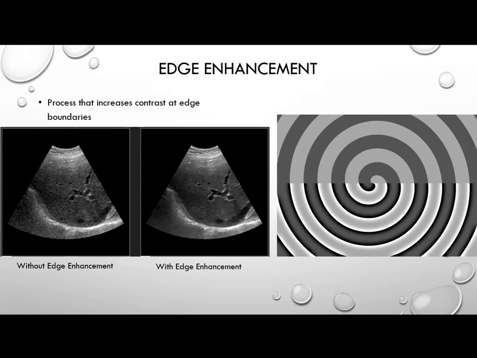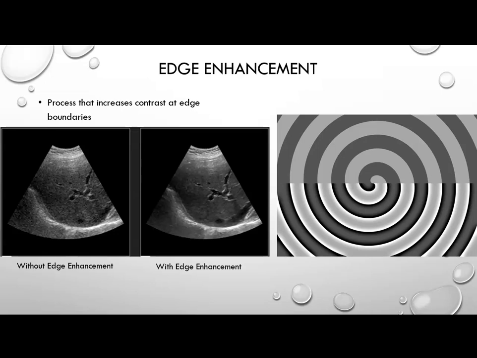Another technique that is used to make things look prettier is edge enhancement. Most of your machines will have a button called edge enhancement. However, the Siemens does not. It has a button called C-Clear. Okay, basically the same thing. So anyhow, edge enhancement is a process that increases the contrast at edge boundaries.